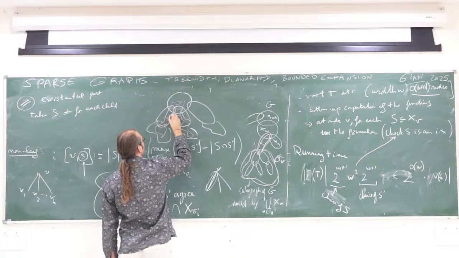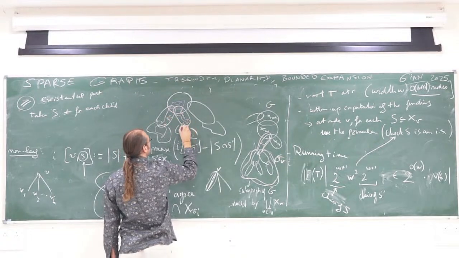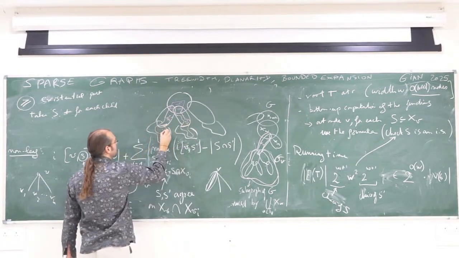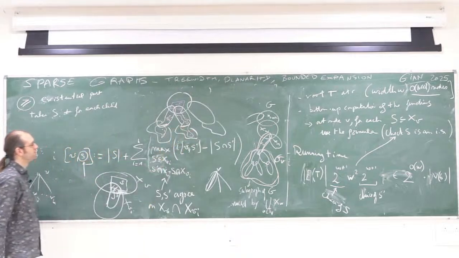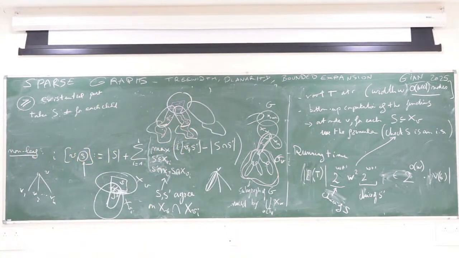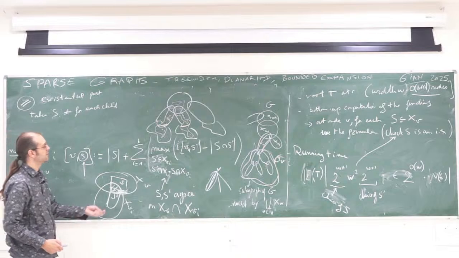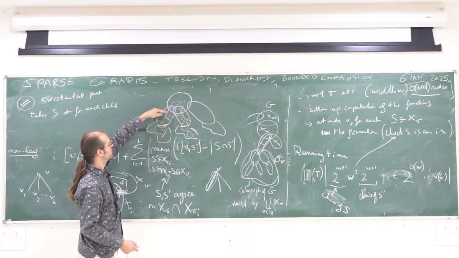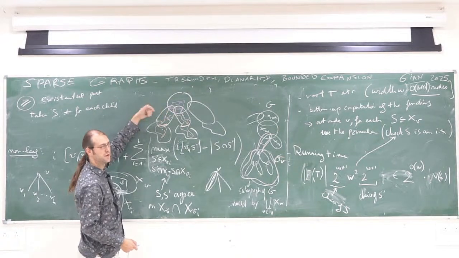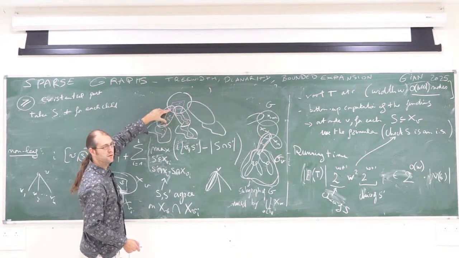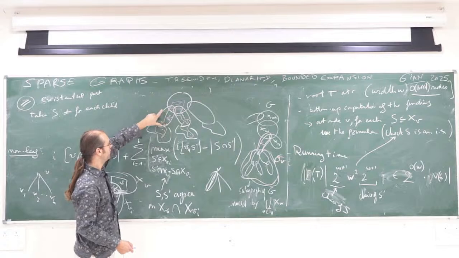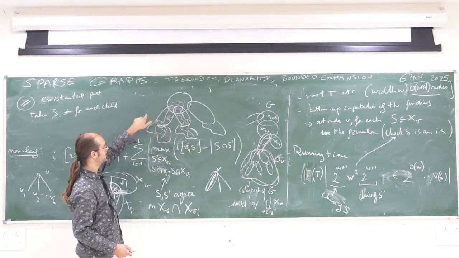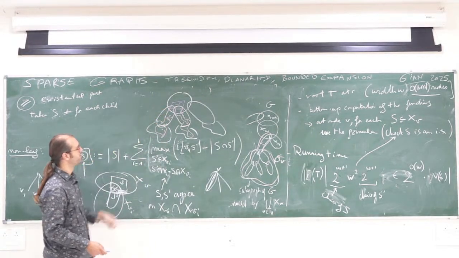This will be S prime 1, and this is the rest of the independent set. What I'm saying is that for each child, among all the S primes which agree with S, like this one, but there are many others, I take the one whose formula is the maximum over this subtree, over this subgraph.